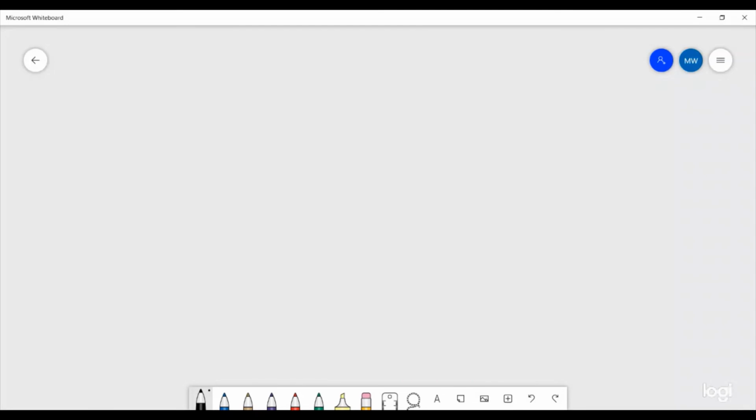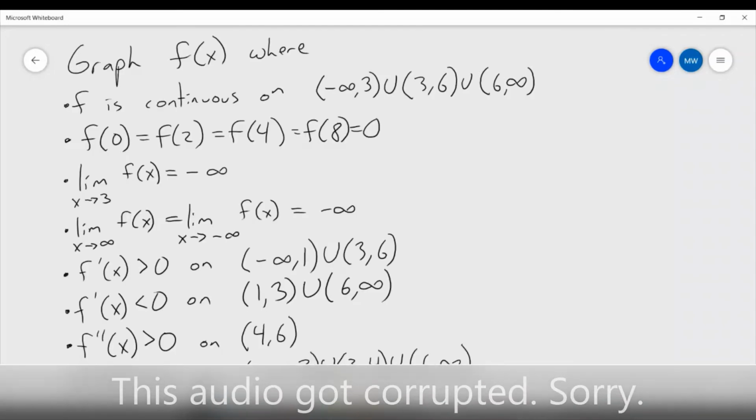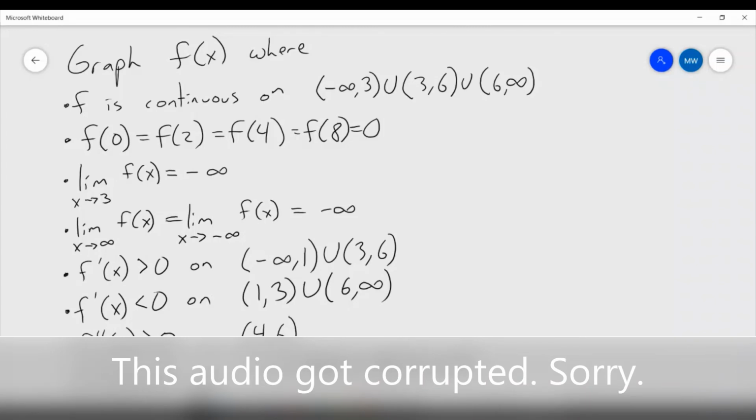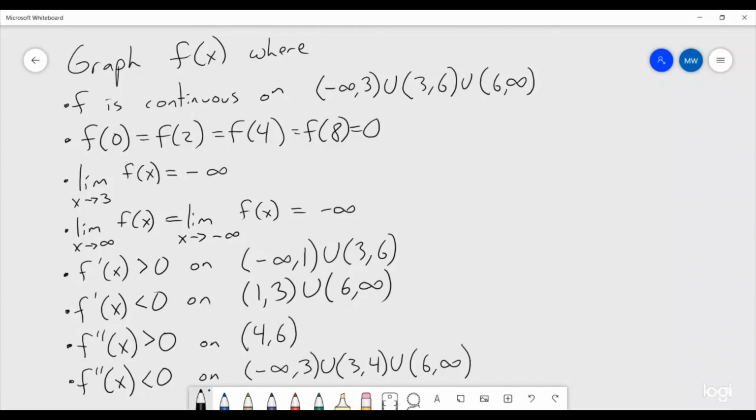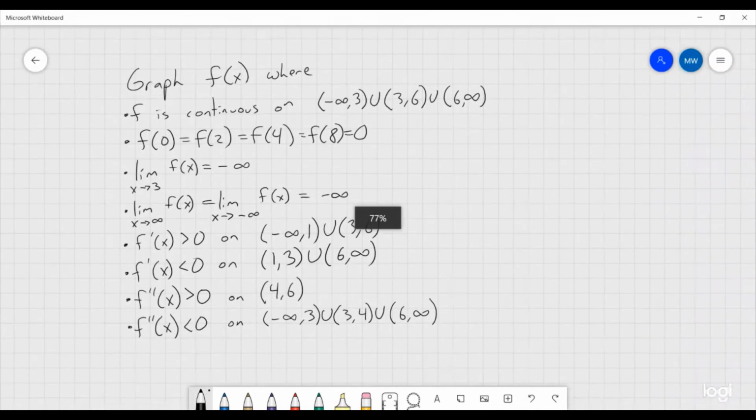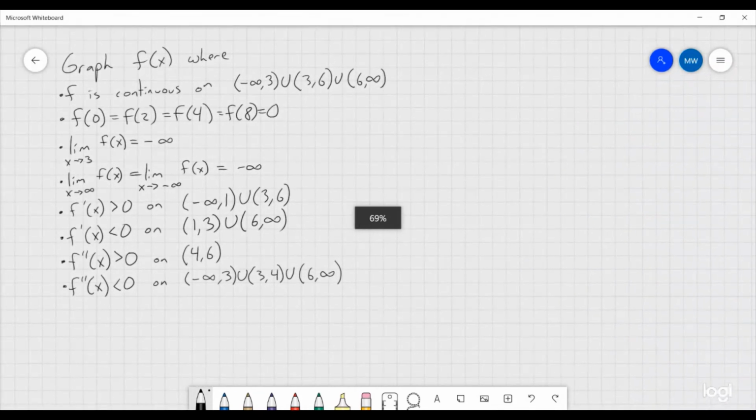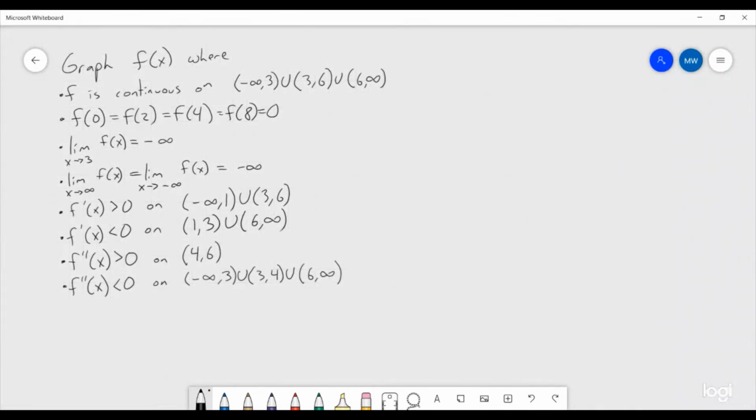Alright, let's get some practice graphing some functions. Alright, so let's give ourselves a little bit of space so that we have room for graphing. So, let's quickly sketch out some space where we can try and draw this.